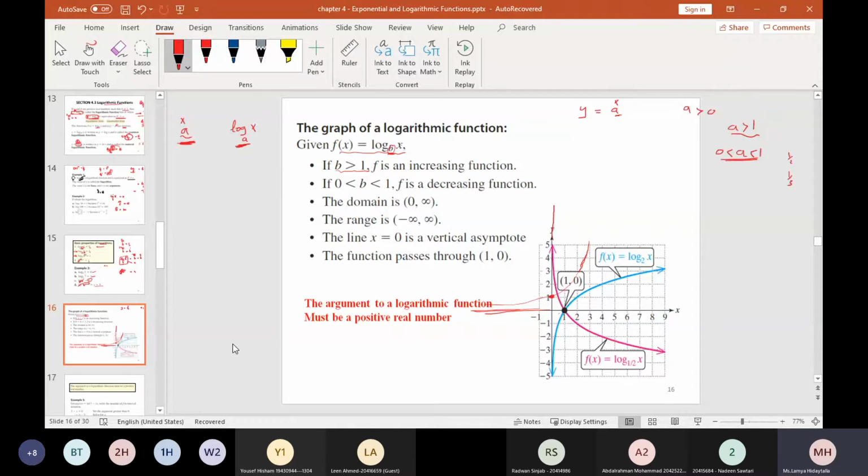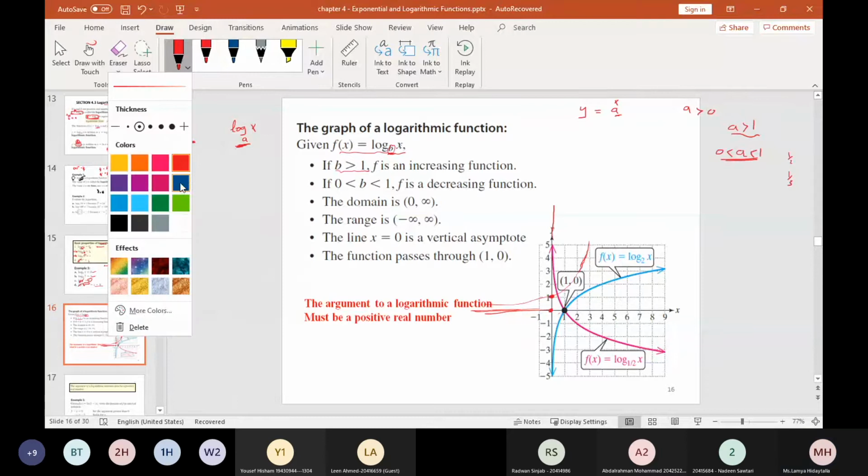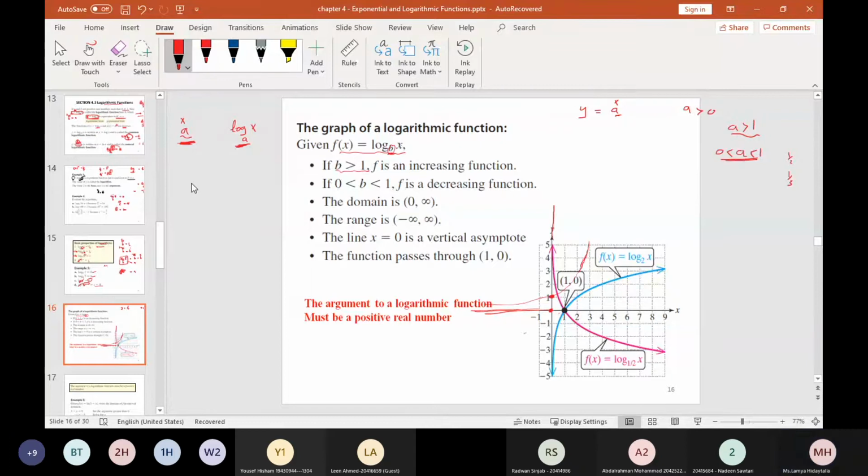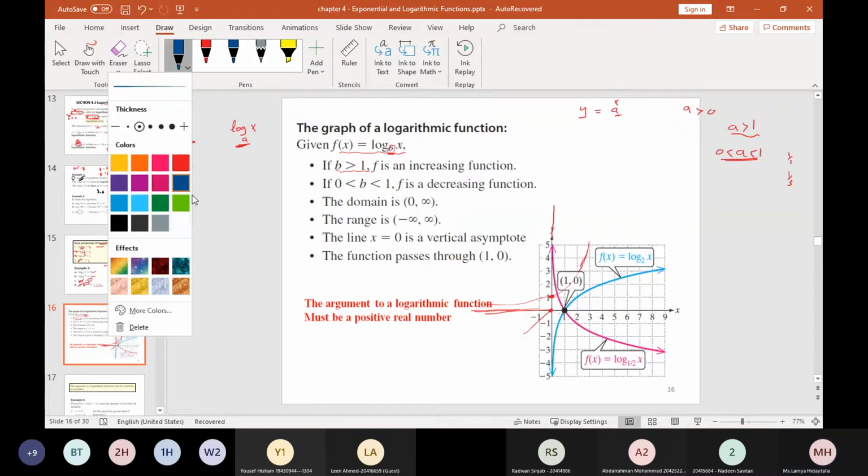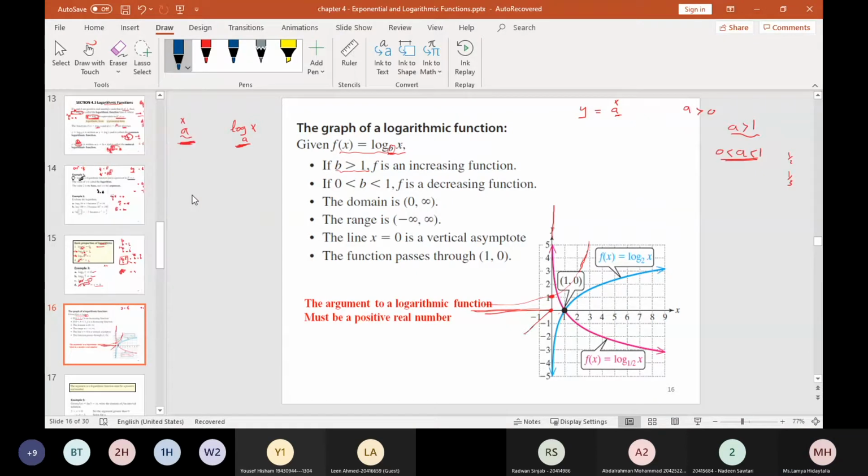If we want the inverse, we said always if we have a function and its inverse, what do we do? We draw a line. Which line do we draw? The line y is equal to x, which will act like a mirror, correct? Of course the drawing is not perfect, but you can see, correct?